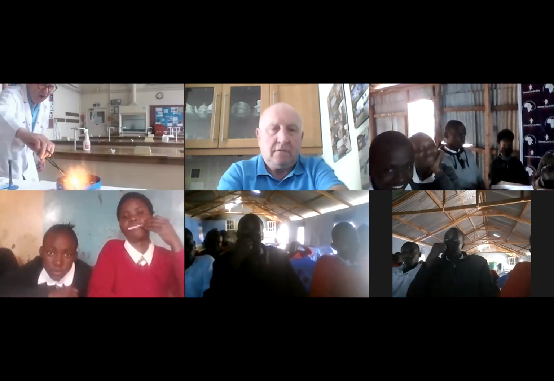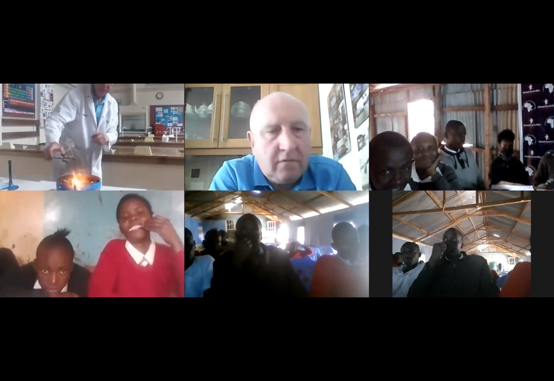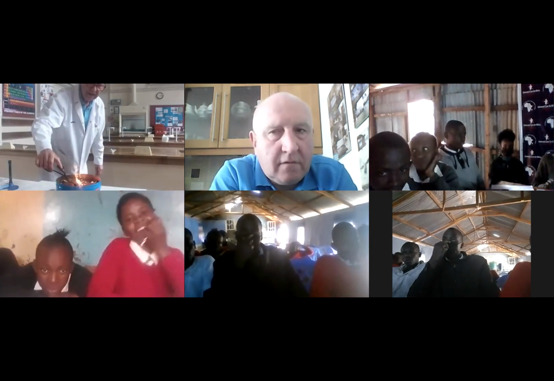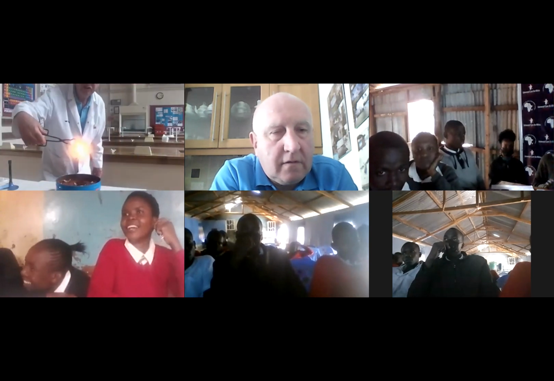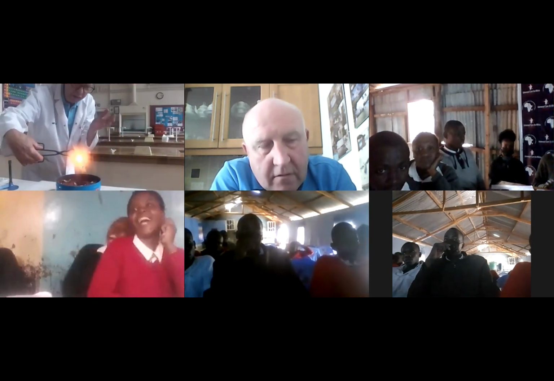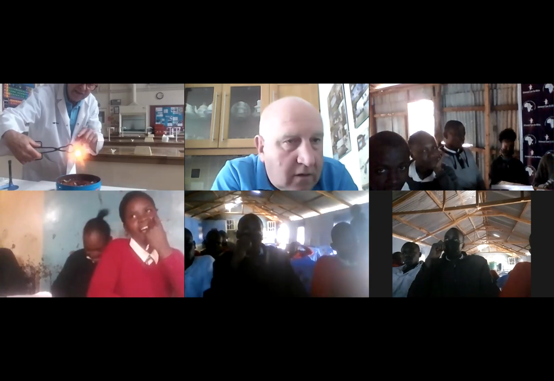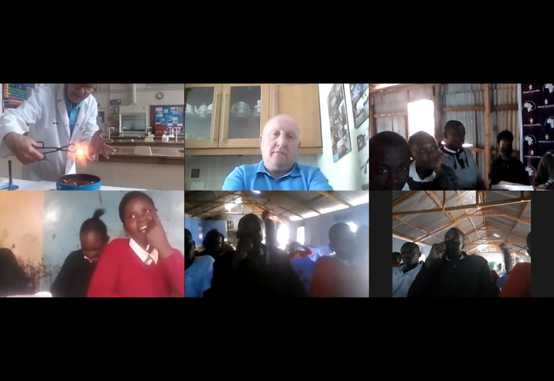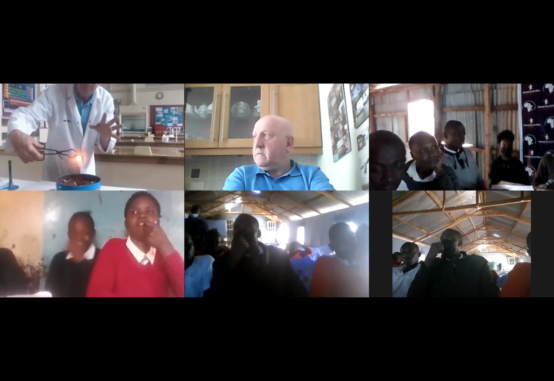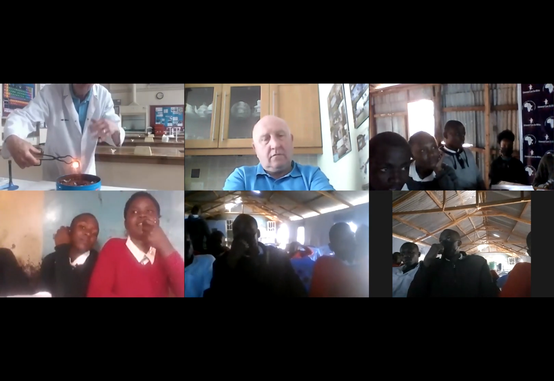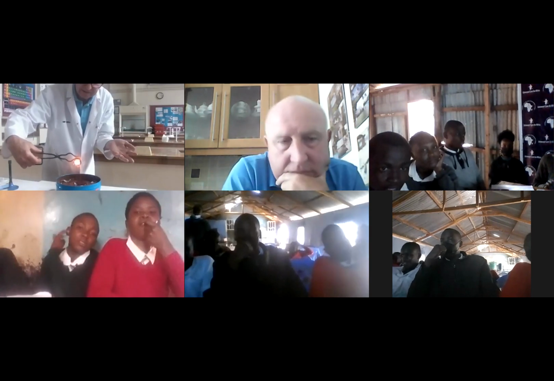Okay. It has produced some really hot iron. It has broken the container. This was iron which for a moment was molten. That is over 1600 degrees Celsius.